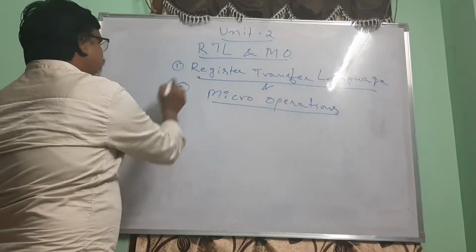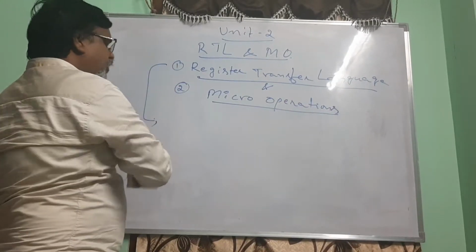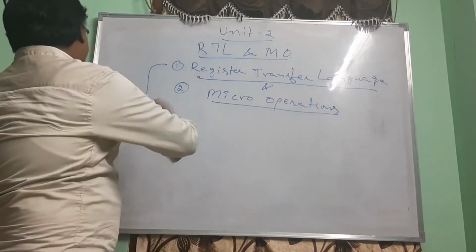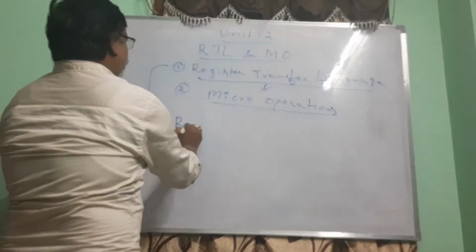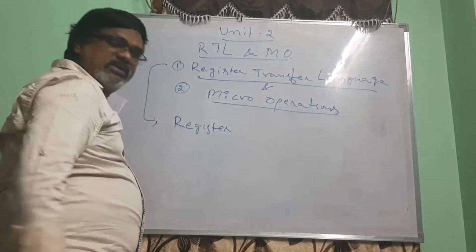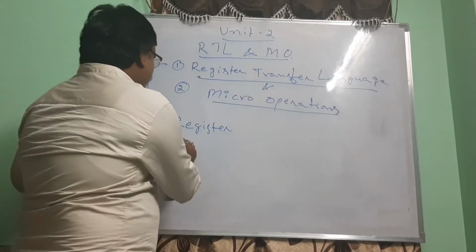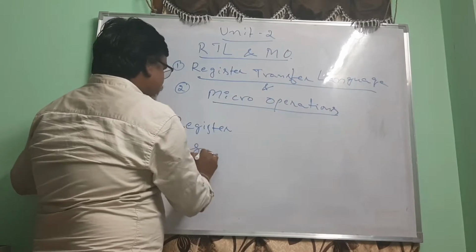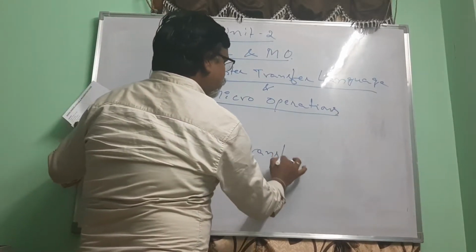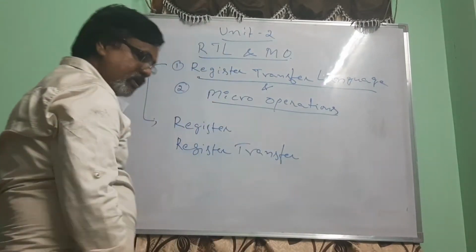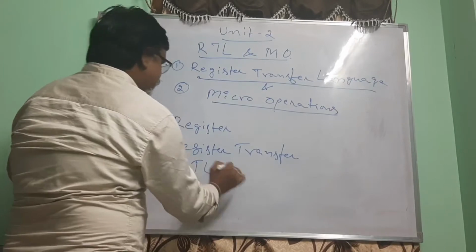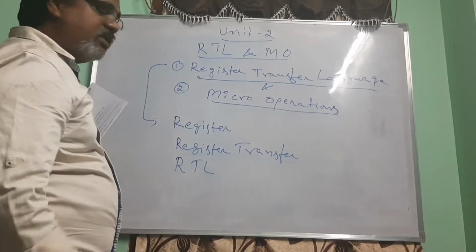In the first part, we are going to discuss what is a register, what do you mean by register transfer, and then the definition of RTL, that is register transfer language.